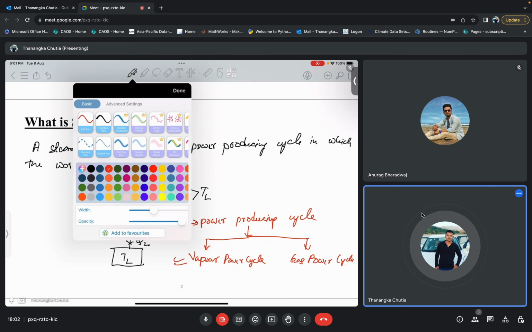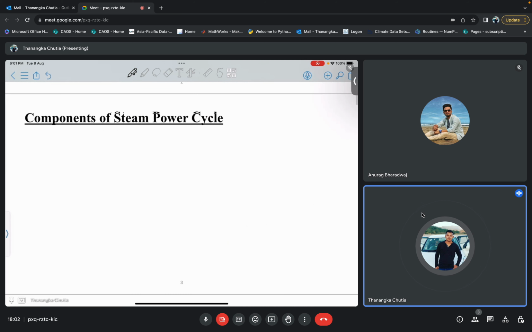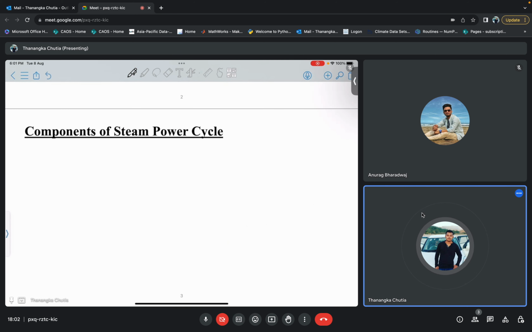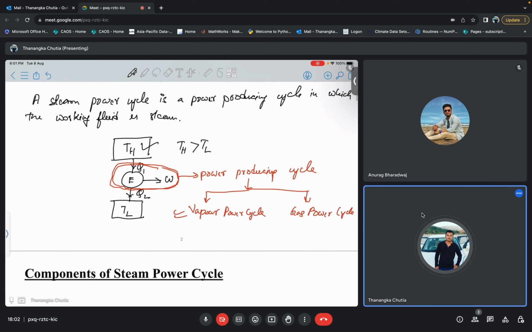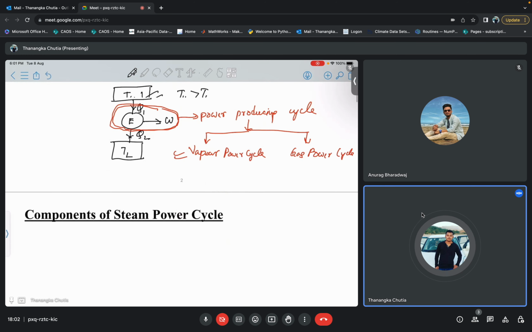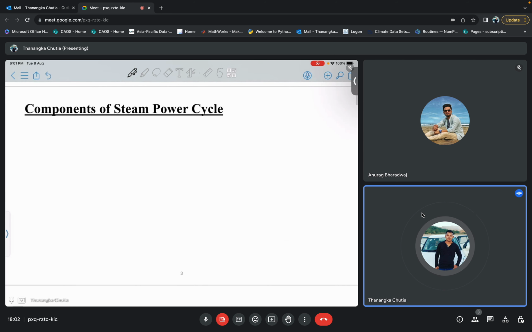Fine. Now let us see what the different components of the vapor power cycle, or the steam power cycle, are. Let me start from the very beginning. What you can see here as TH, from where the heat is extracted, is basically the boiler component.